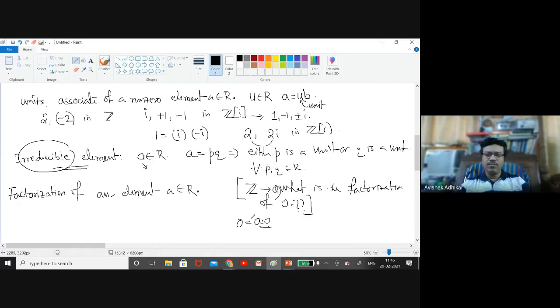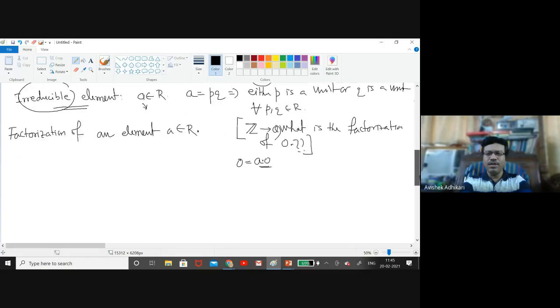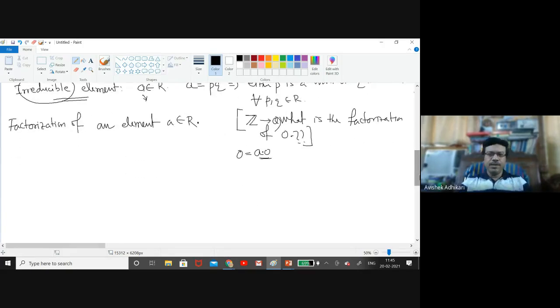So the question is, what do you mean by factorization intuitively? First, let us finalize what we mean by a factorization intuitively. Have you ever tried to factor 0?